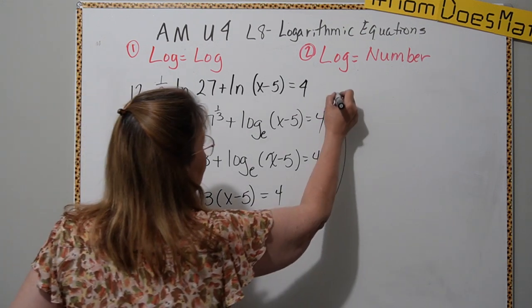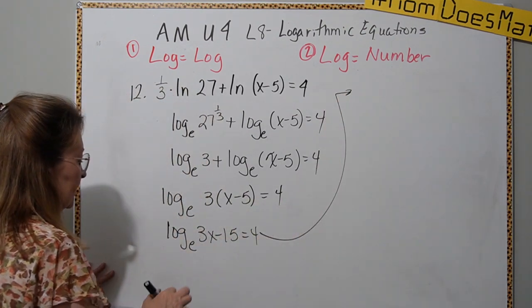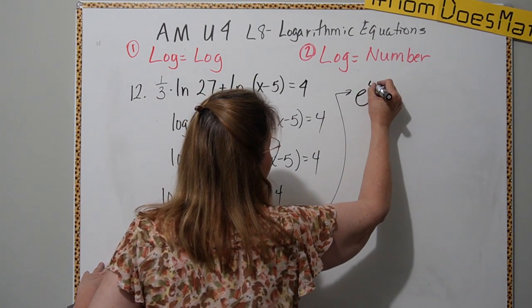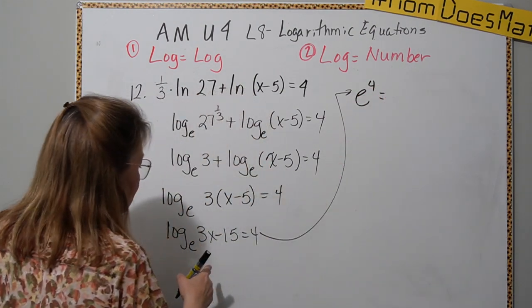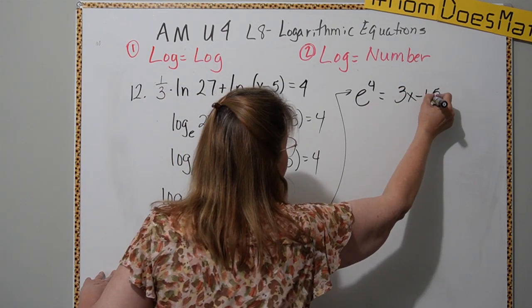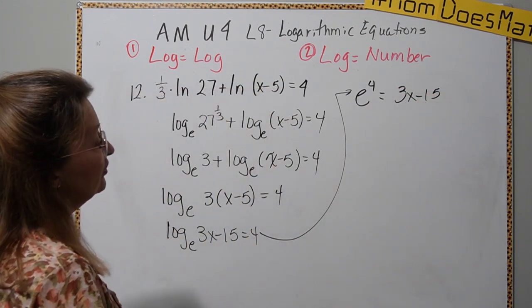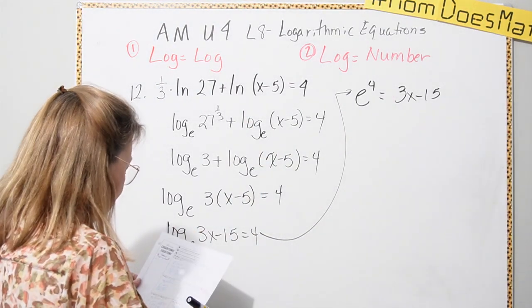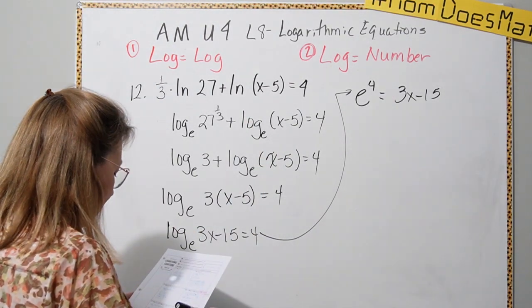All right, let's come over here to continue working so you can see. Now I'm going to take my base to the 4th power. So this is e to the 4th power is equal to 3x minus 15. And you will need your calculator for this because we're going to get into decimals because we have an e. So let me check my notes.